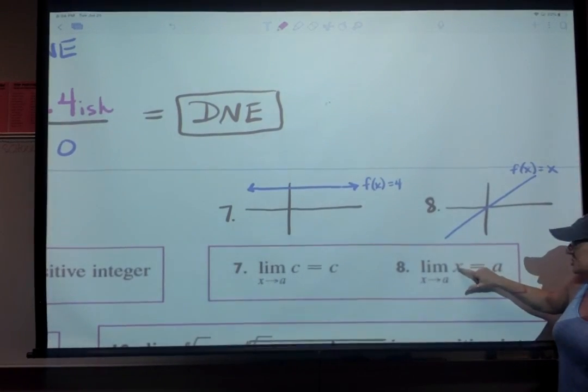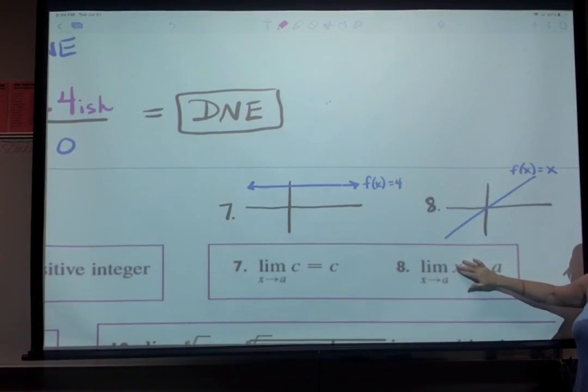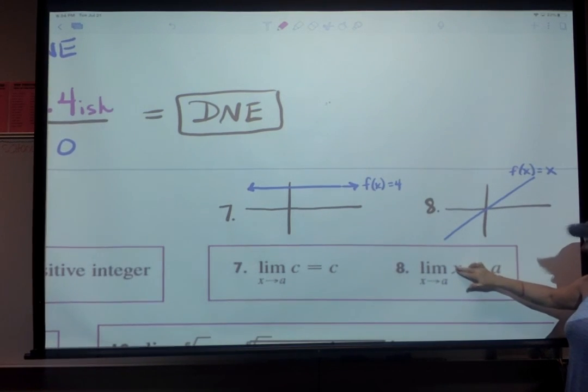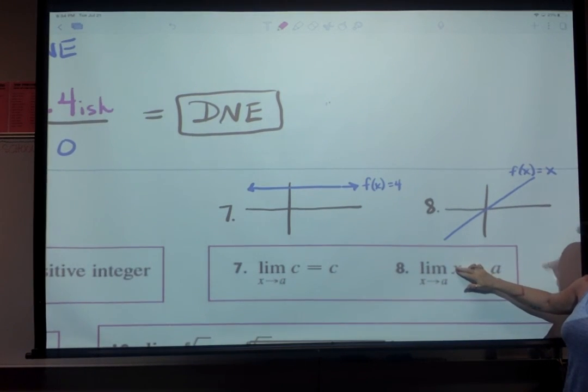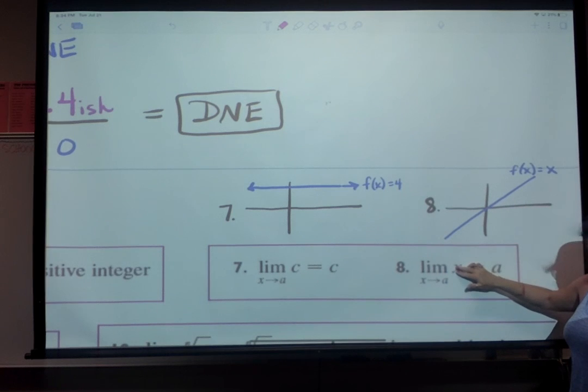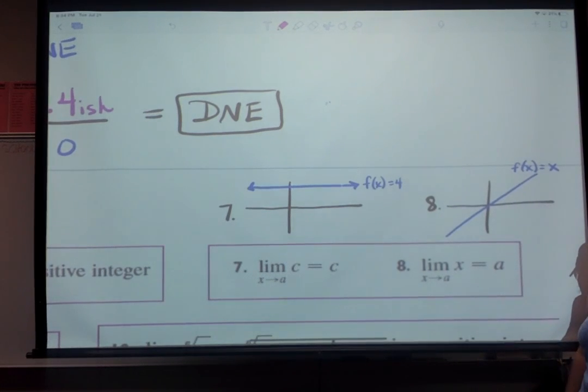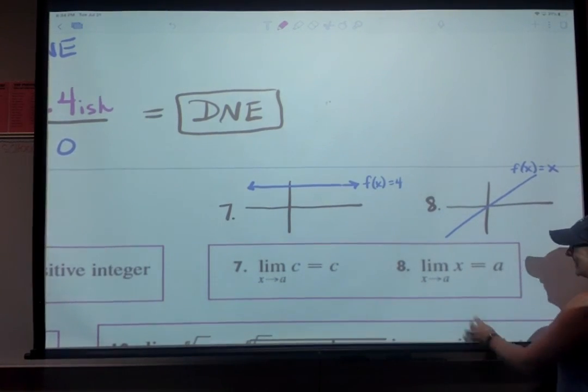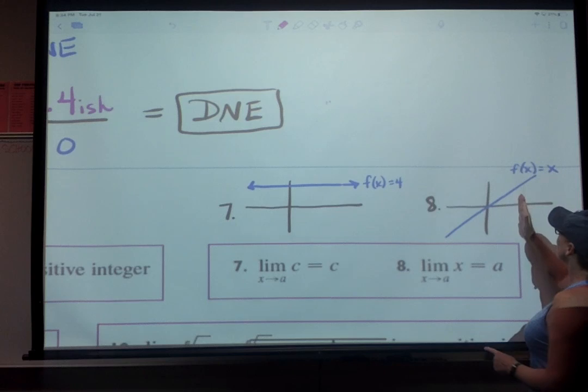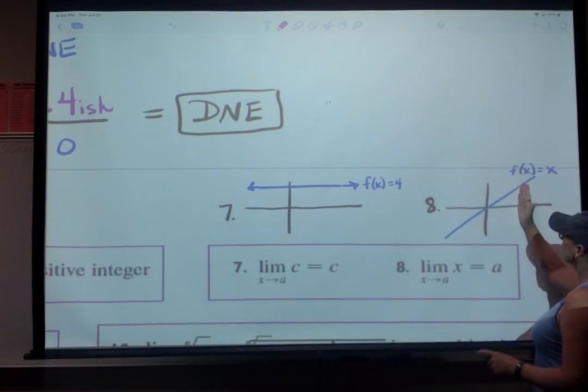What if your function is actually x? It's not a quadratic, it's not a cubic, it's not some trig thing, it's just x. What does x as a function look like? You all know what it looks like. Ready? Suppose a is, I don't know, I don't care, somewhere.